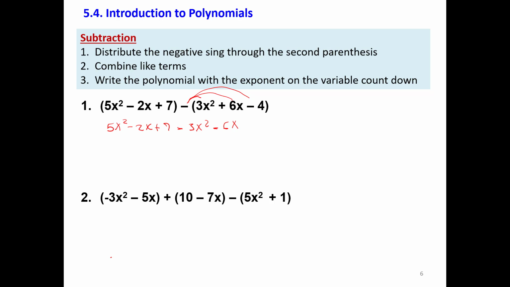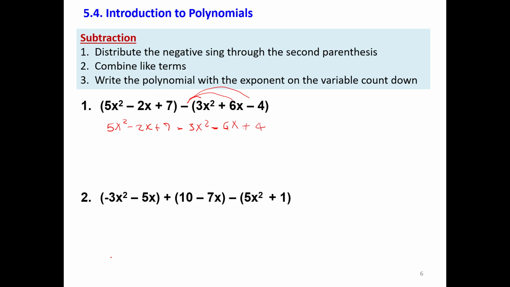Negative times negative is positive 4. And you can see when we distribute the negative, the signs of these terms will change. The next thing we want to do is combine like terms.